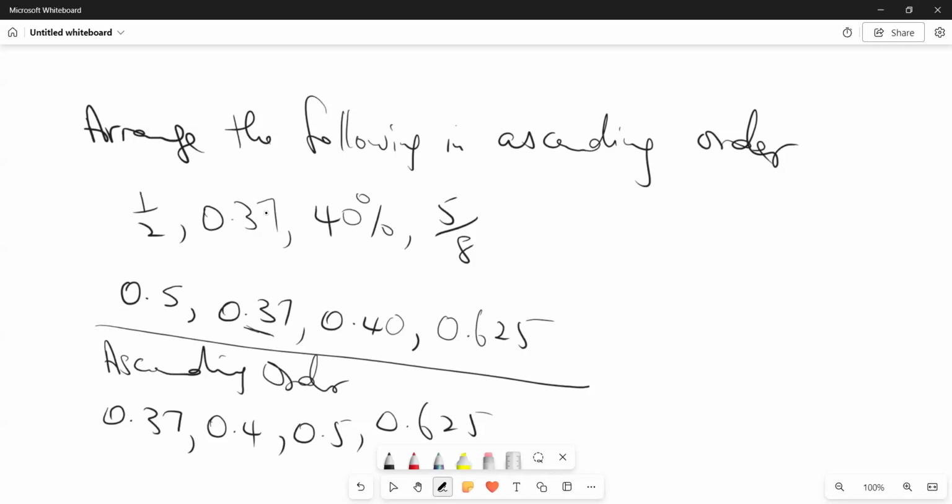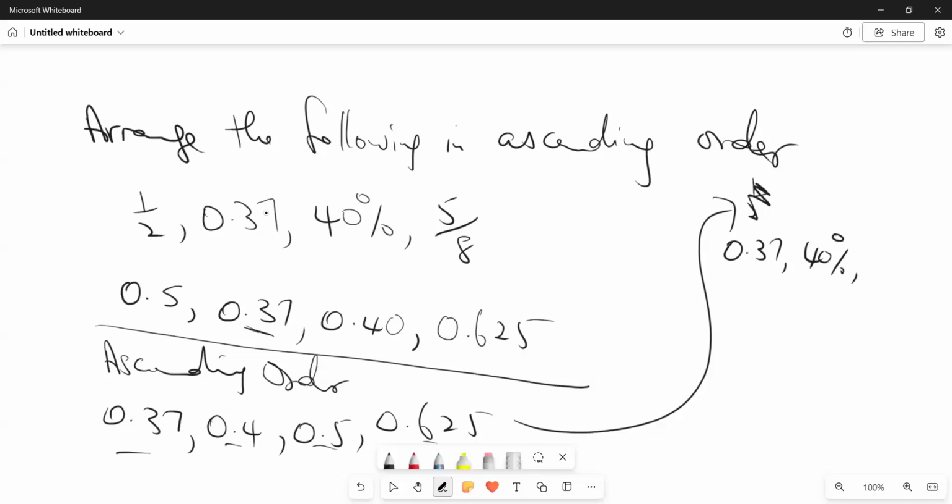And then, of course, you can write them back because sometimes, in multiple choice, they might give you these. You'll have to write them back: 0.37, 40%, then a half, and then 5/8.